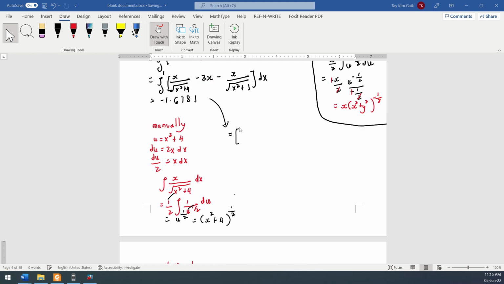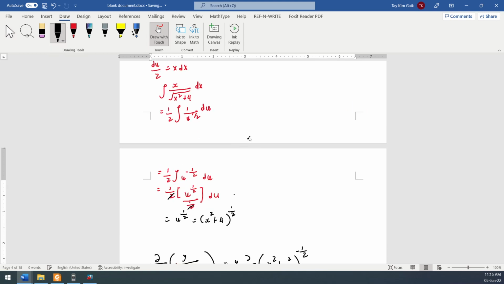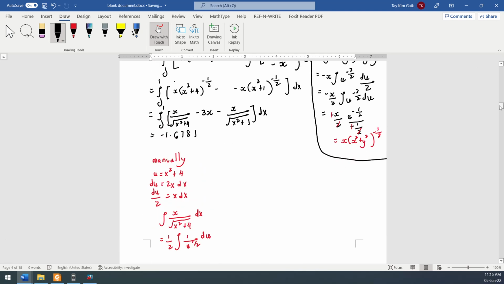So if you do it manually, the first term you will get is square root of x squared plus 4.